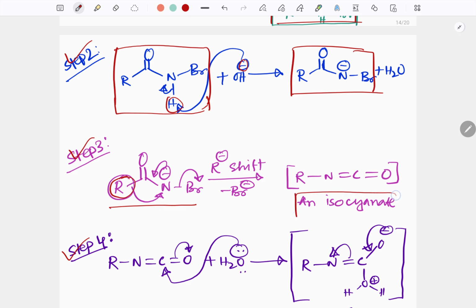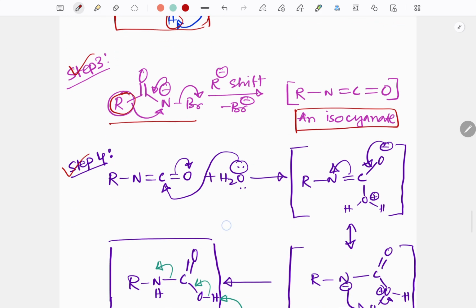So this is the intermediate that is called the isocyanate intermediate, right? This migration of the alkyl group and the loss of bromine both take place simultaneously. That's why it is called a concerted pathway, a concerted reaction mechanism, right?